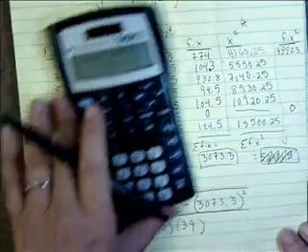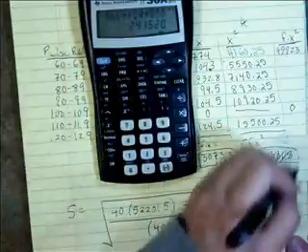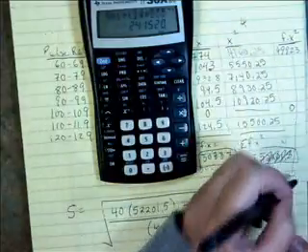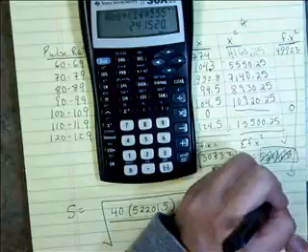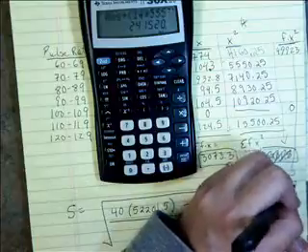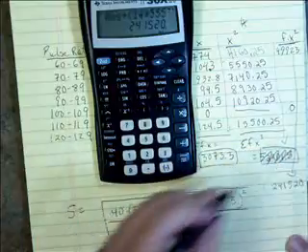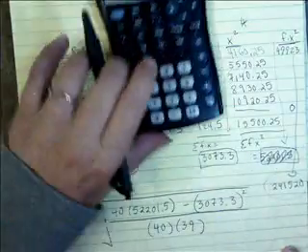Okay, and this makes more sense. So the sum of this column is 241520, and again that should go here.